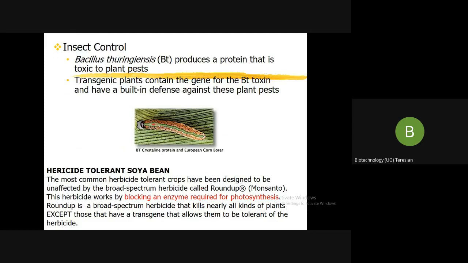So now what did we do here? We introduced the gene which can withstand the Roundup. And from where did we take this gene? We took this gene from Streptomyces. And then what happened? The EPSPS was now resistant to the Roundup.